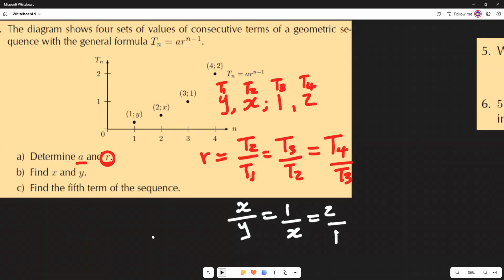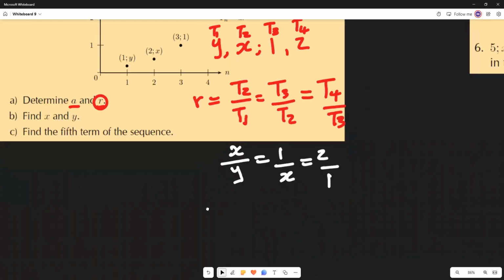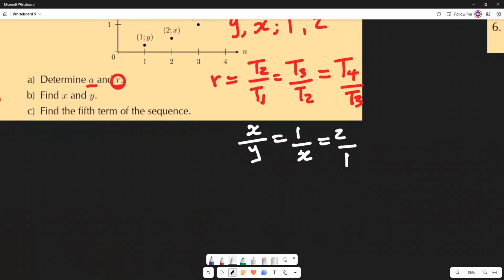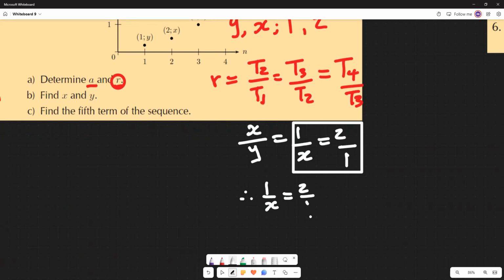From here, I have 3 ratios, and I'm going to be smart when I select them. This ratio here will help me because it only has one unknown, so it's the easier one to work with. Therefore, 1 over x equals 2 over 1.